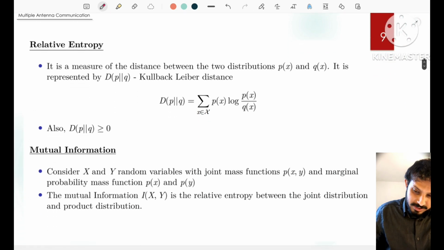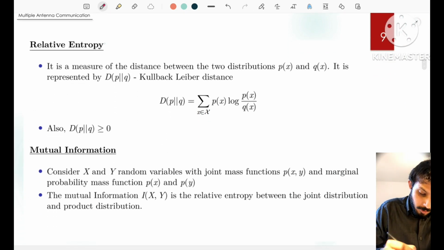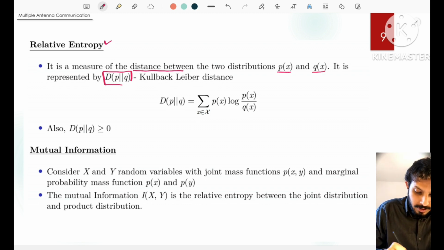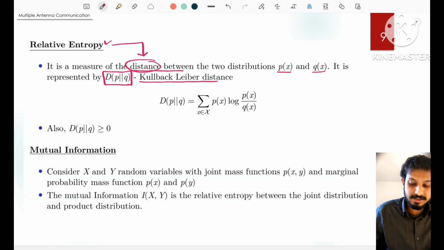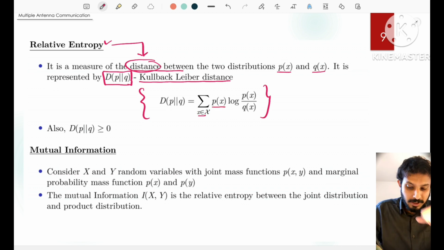Then the next term we have is relative entropy. Relative entropy is the measure of the distance between the two distributions p of x and q of x, and this is represented by D of p q. Basically this relative entropy is the distance, and it is defined as the Kullback-Leibler distance. And how is this relative entropy given? It is given by this form: D of p q is equal to summation over x of the first distribution, p of x, log of p of x by q of x.